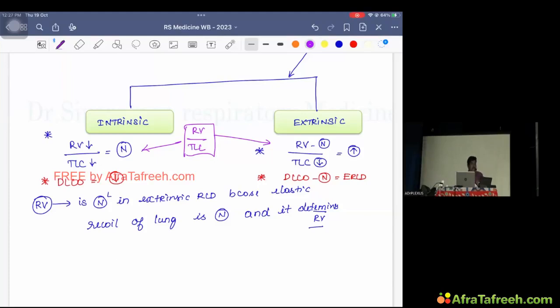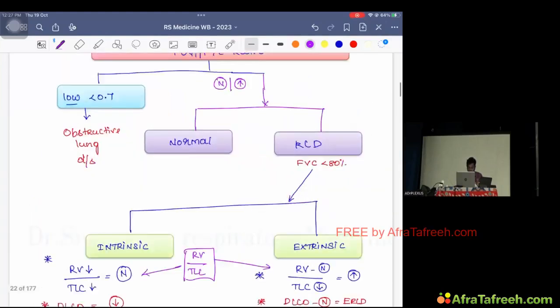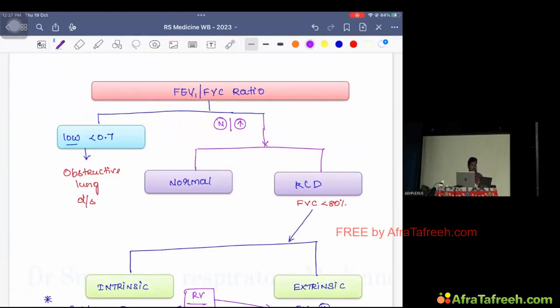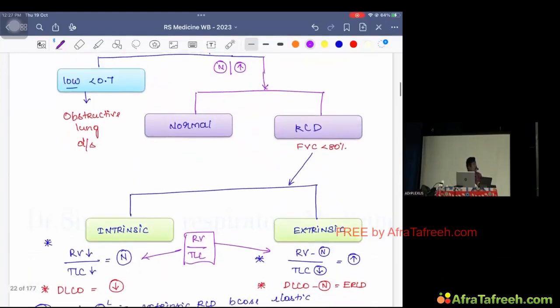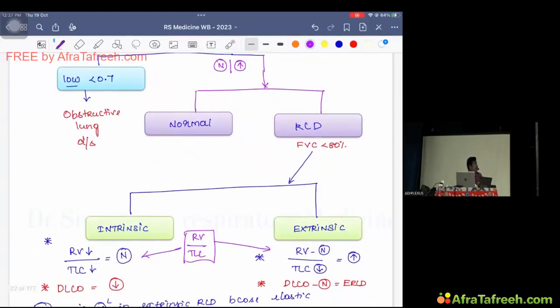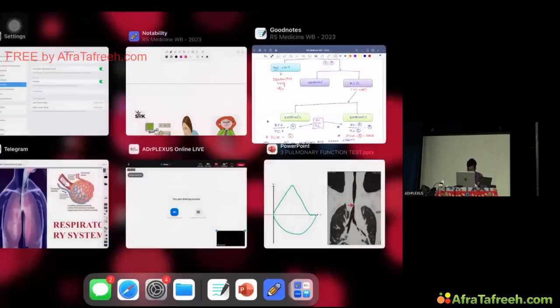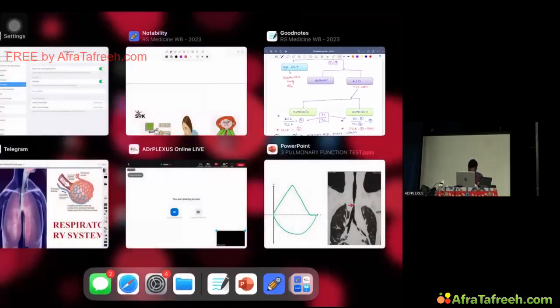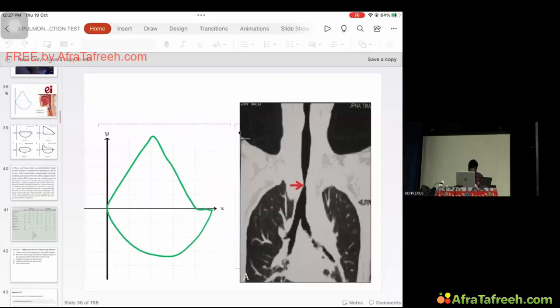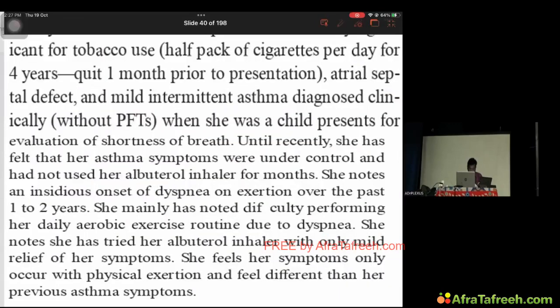This is very, very important to differentiate an intrinsic restrictive lung disease from an extrinsic restrictive lung disease. And this graph or flowchart is very important to decide which kind of lung disease it is. With this we will finish the spirometry part. We will just discuss a few questions.